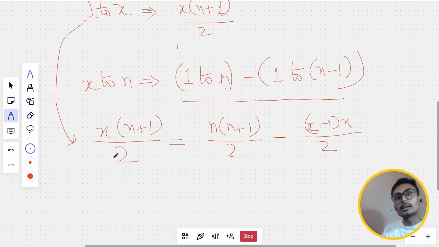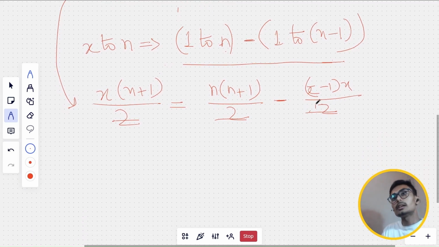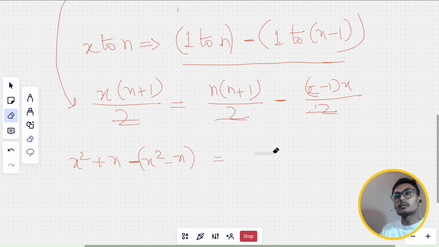Here we can see that the 2 and 2 will get cancelled out. We transfer this to this side and multiply these two: x square plus x, and minus x square minus x, and here n plus 1.